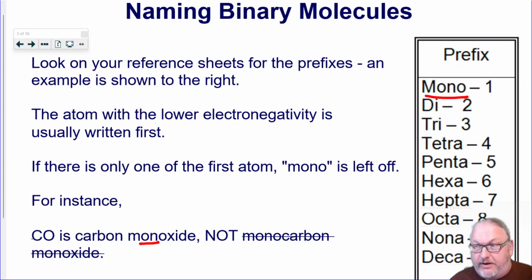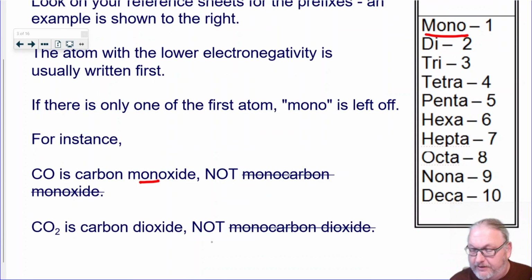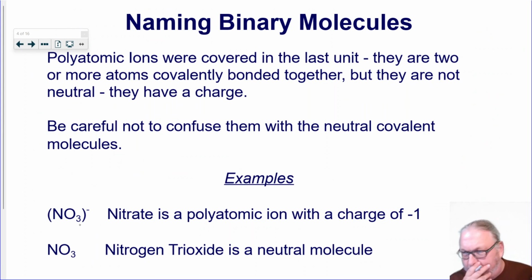If I don't put mono in there, we know that just means one carbon. So we wouldn't call it monocarbon monoxide. Carbon monoxide. Pretty easy. Now look at CO2. We would not call that monocarbon dioxide. It's just carbon dioxide. I think this will be all fine for you.